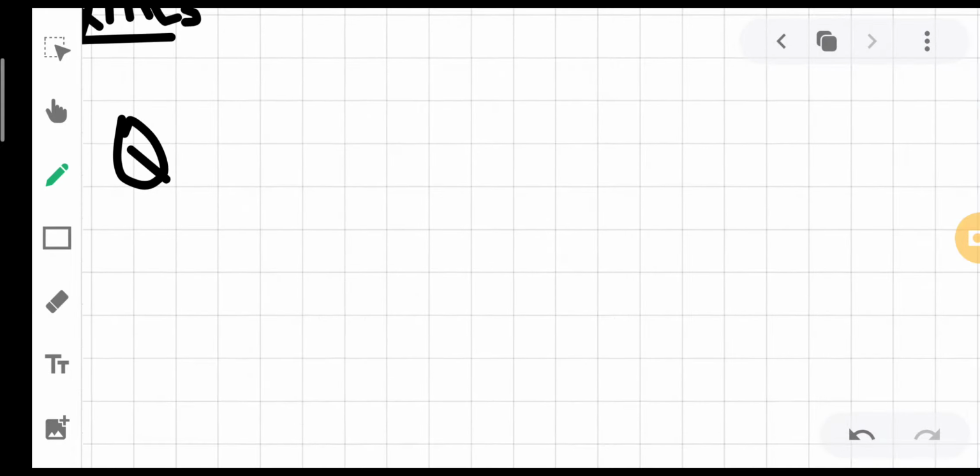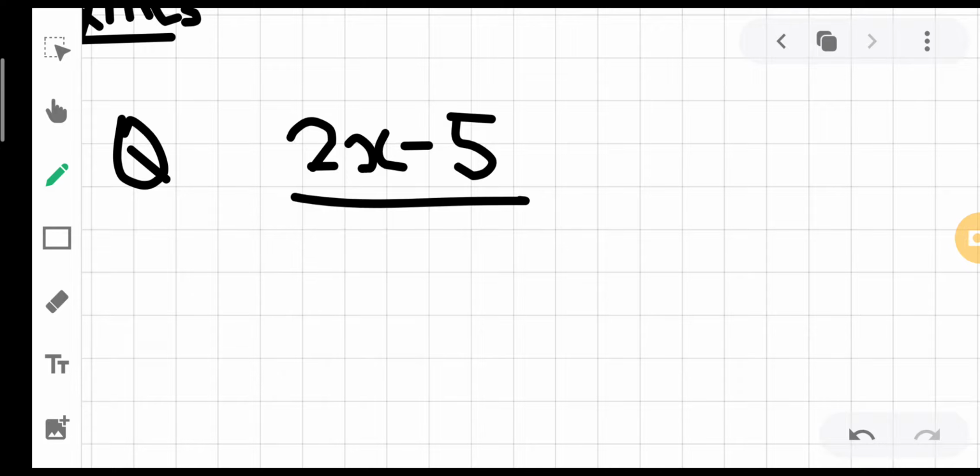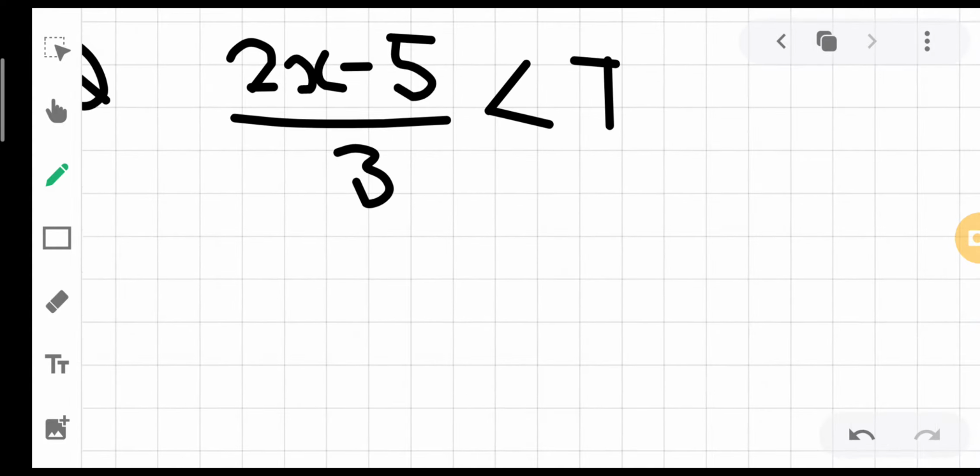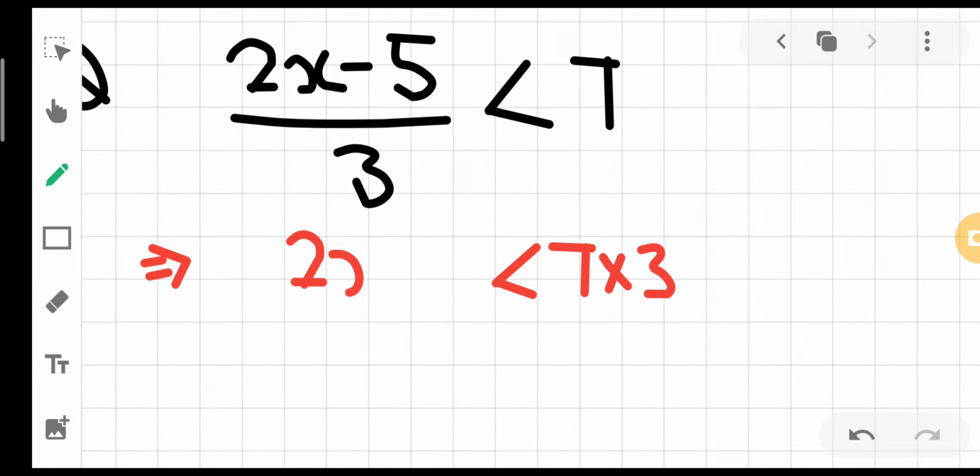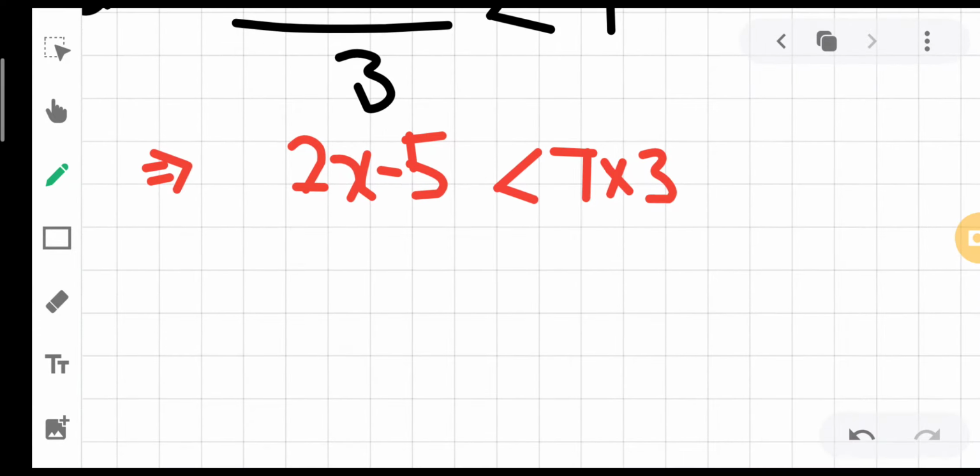Now moving towards one more question like this. If any of the situation is like this, 2x minus 5 divided by 3 lesser than 7, what are you supposed to do? You are supposed to solve the following inequality. 3 is in division, has to be shifted into multiplication. Agree? 7 multiplied by 3, this is 2x minus 5. 7 into 3 comes out to be 21.